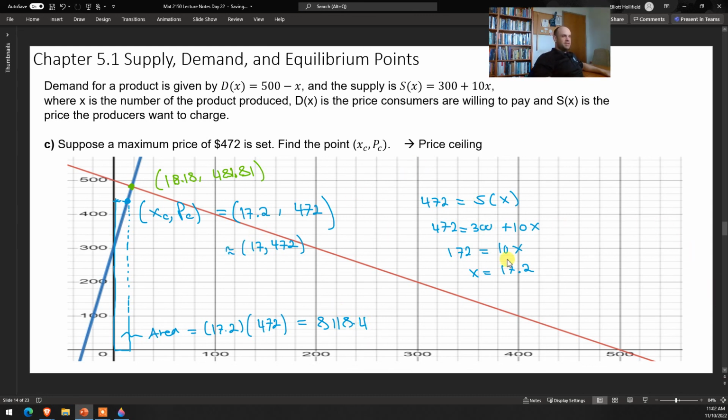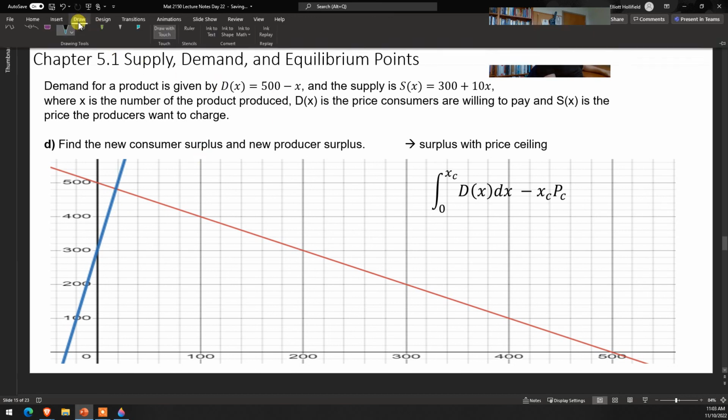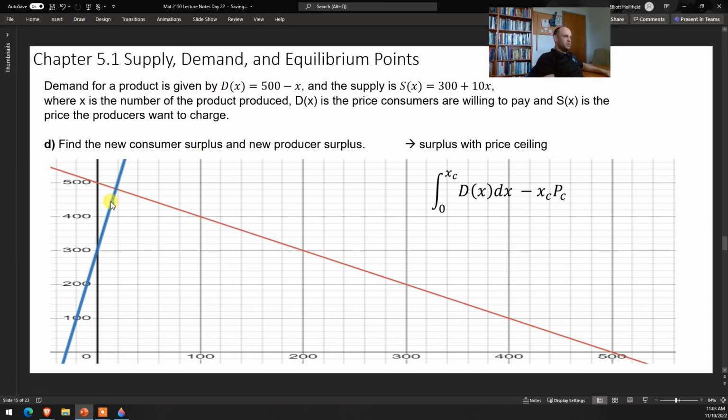Now that we have our price ceiling, we can find the new consumer and producer surpluses. And here's our adjusted formula to find exactly that. We take our price and the number of units corresponding and do that multiplication. We take the area under our demand curve and subtract that quantity. Let's draw the picture which corresponds.